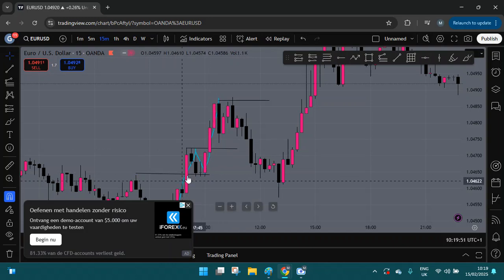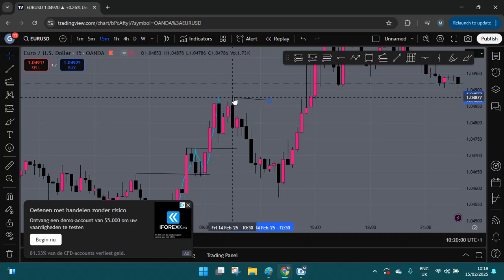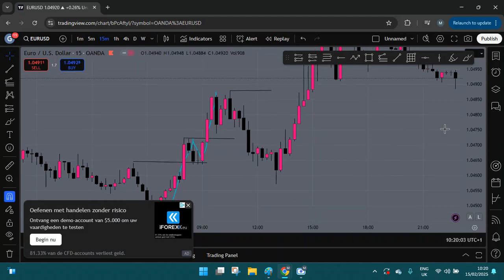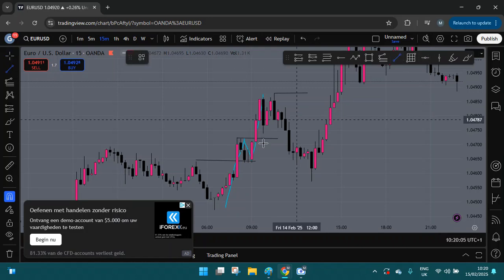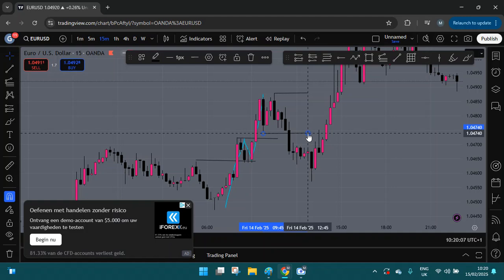Here you have a body and there you have a body, making this a valid high and a low. If you have no break, it means your high would be here, the highest point before we get a proper push down.